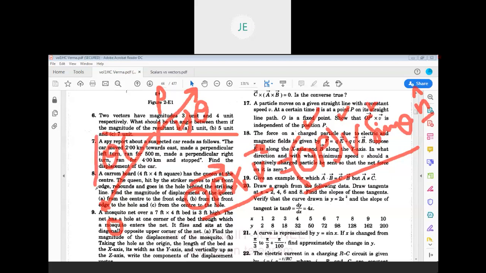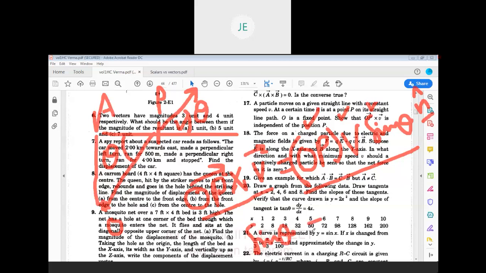Then you frame a right angle triangle here, OPA.